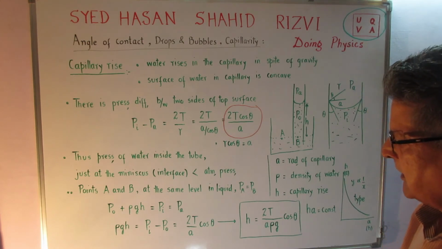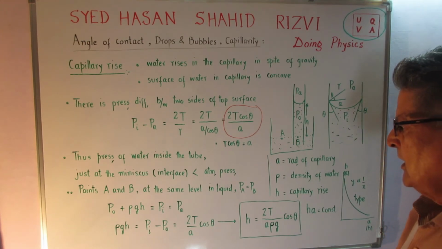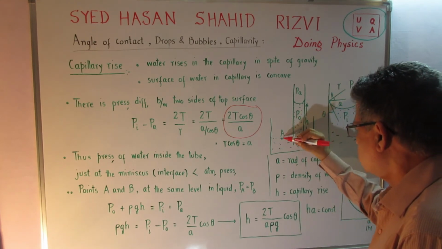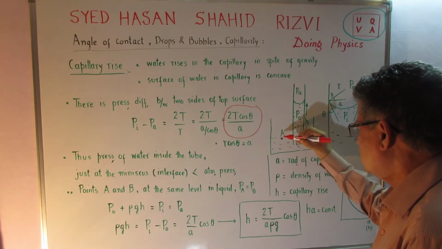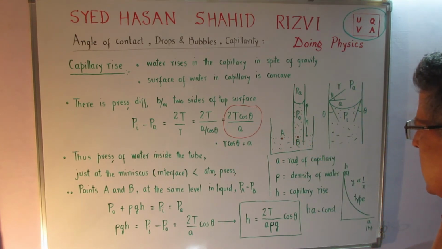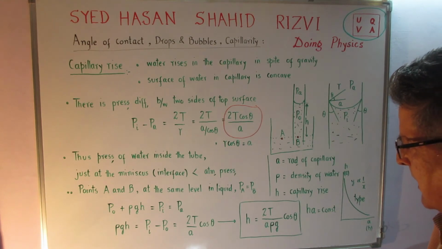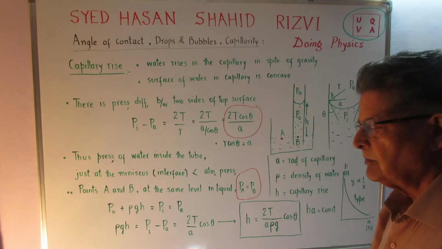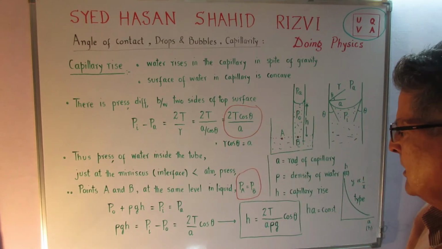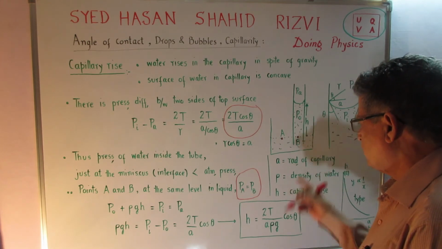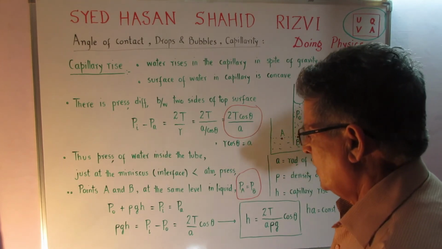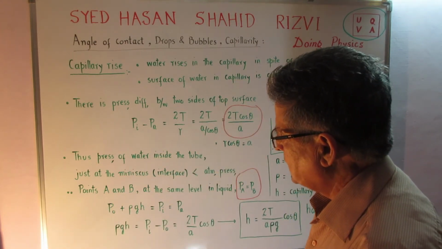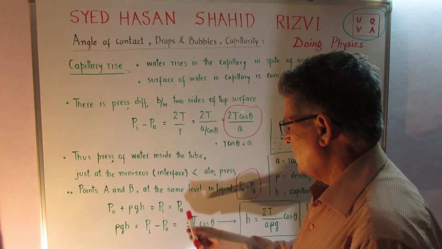Now let us consider points A and B, which I will try to show you at the same level in the liquid. So the pressure at A must be equal to the pressure at B. Therefore we write the pressure at B as P0 plus rho gH, which is equal to Pi or Pa.